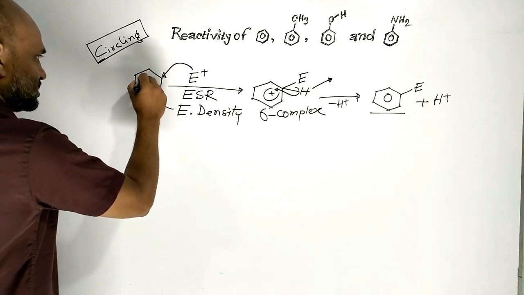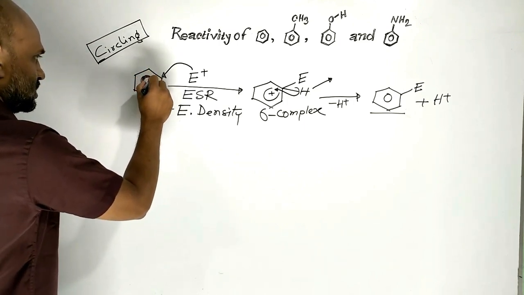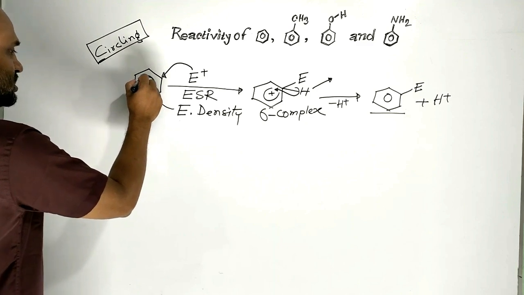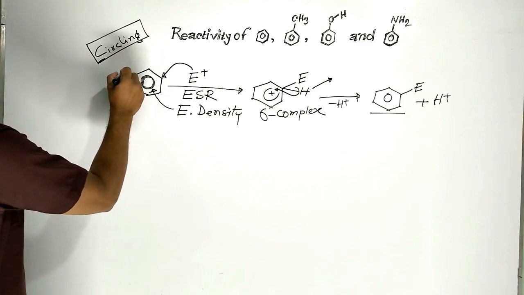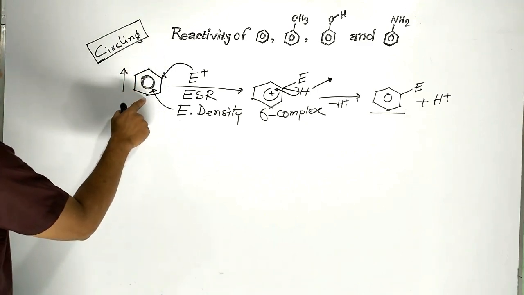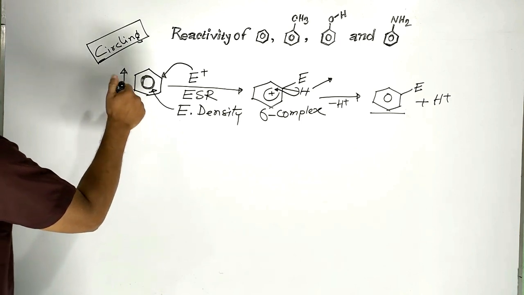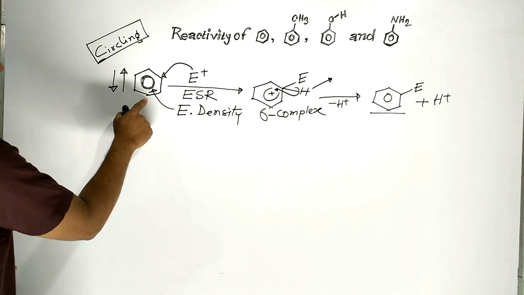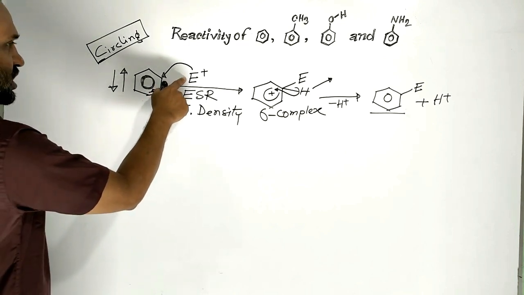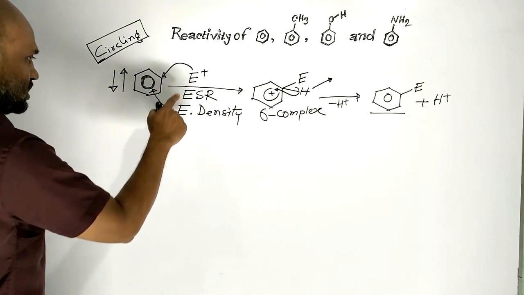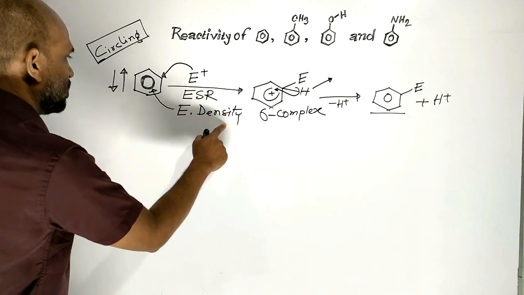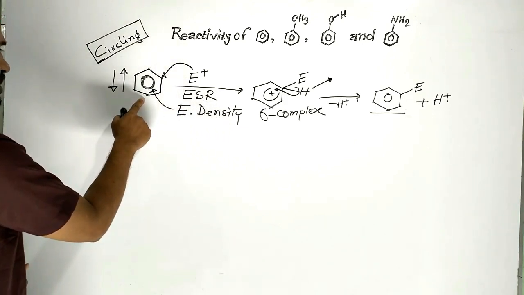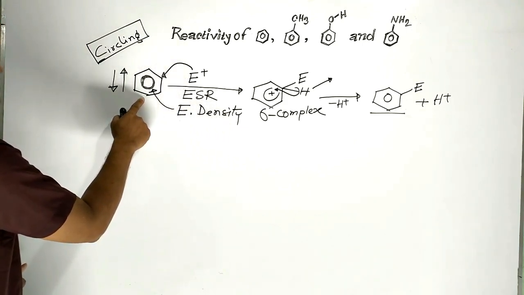When density of electrons in the benzene ring is higher, then it will be more reactive. If it is lower, then it will be less reactive to the electrophile. So, electron density is the only parameter of the reactivity of benzene ring.